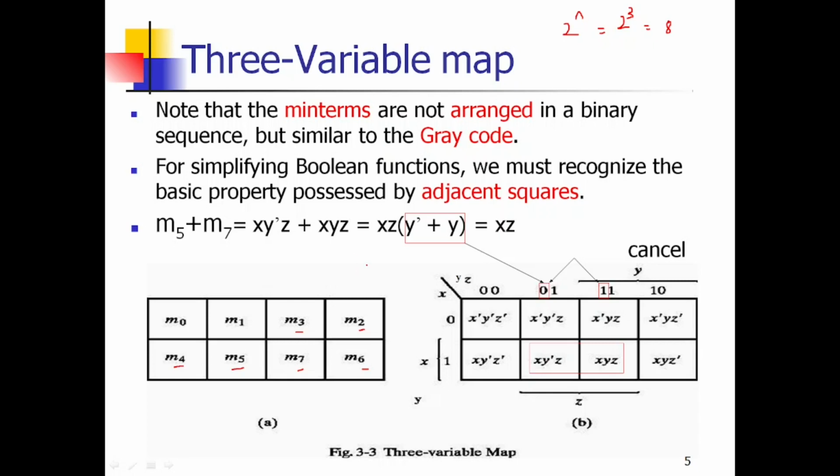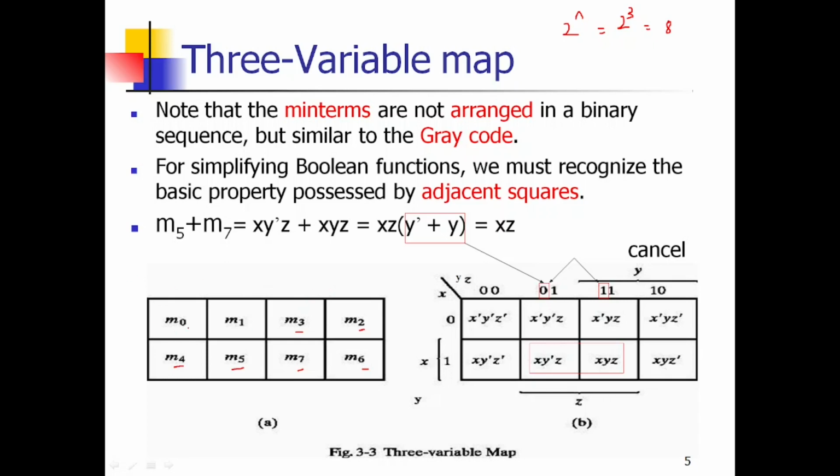So it is not arranged in binary sequence, where m0, m1, m2, m3 and m4, m5, m6, m7 would have to be followed. It is followed with the gray code sequence. So this is the representation of the 3 variable K map.